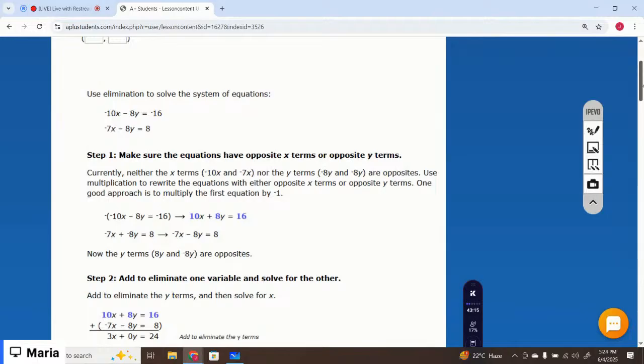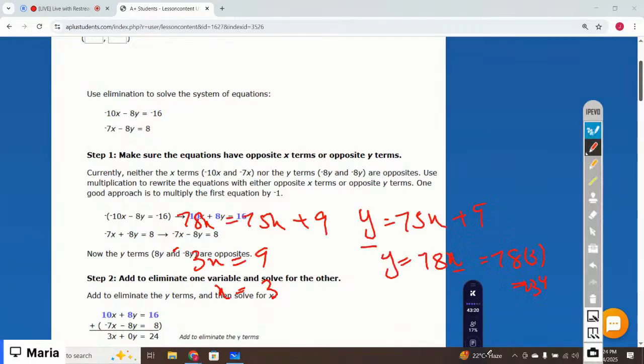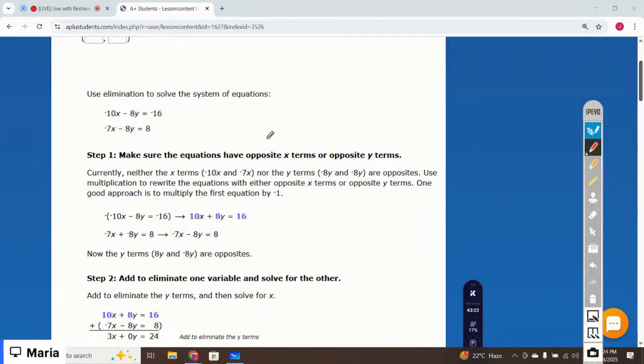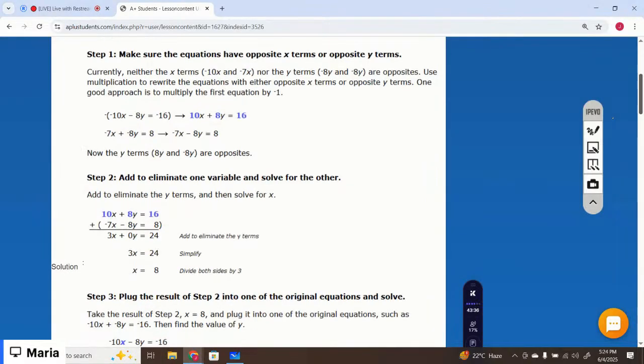Just rewrite the equation multiplying with a negative sign, and that would be 10x plus 8y equals 16, right? And the second equation is negative 7x plus negative 8y equals 8. So add both the equations to eliminate the variable y. So 8y minus 8y will be 0 and 3x equals 24. So x equals 8. Now replace that x equals 8 in the equation and find the value of y.